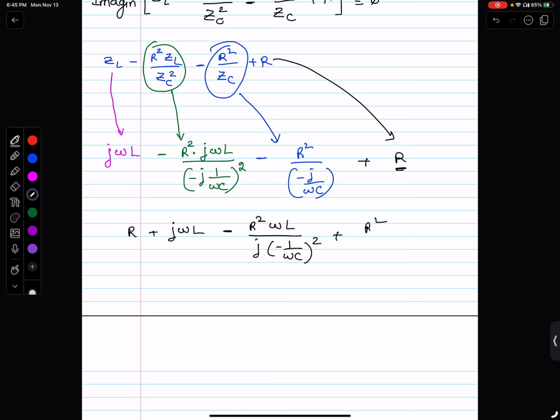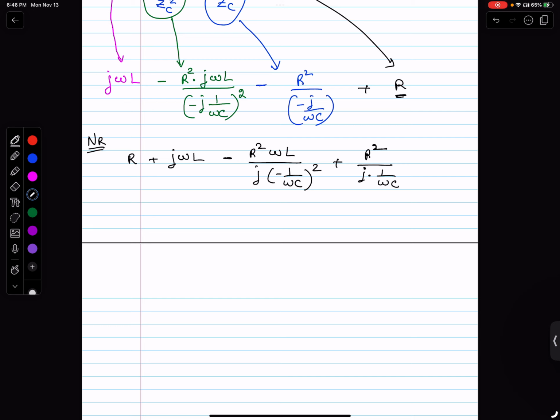Okay, the numerator. Let's simplify this a little bit more, or maybe you know what? This is the real part. All of this is the imaginary part. That is what we are after. Remember, we are looking at the imaginary part of this numerator and equating that to zero.